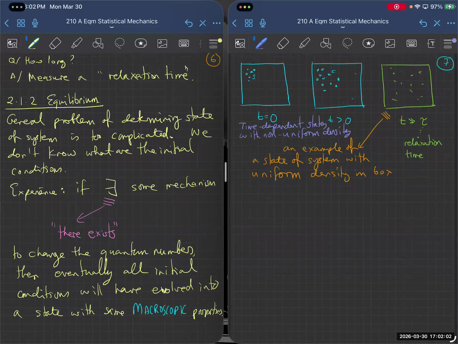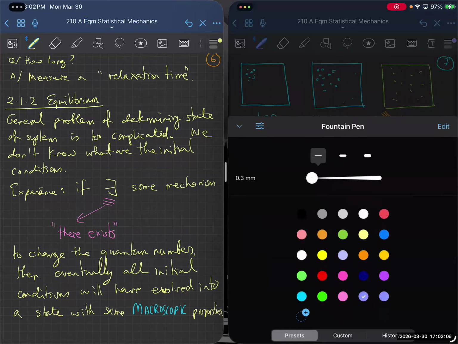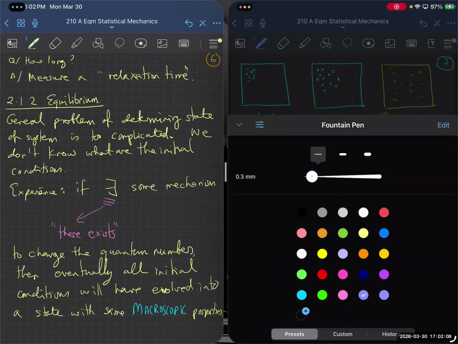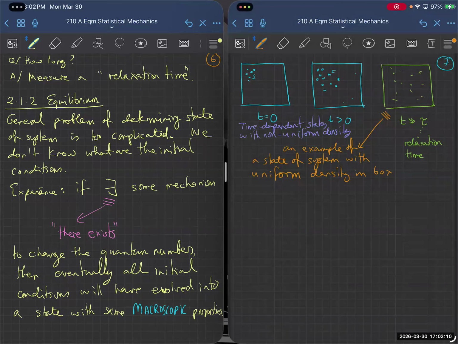All right, so let's say, how do we measure things in this system? How can we determine whether we've got a uniform distribution? So we now need to ask the question of how do we measure the density in the box?